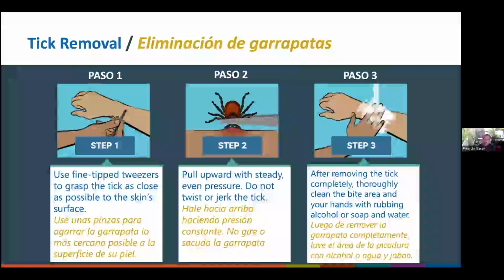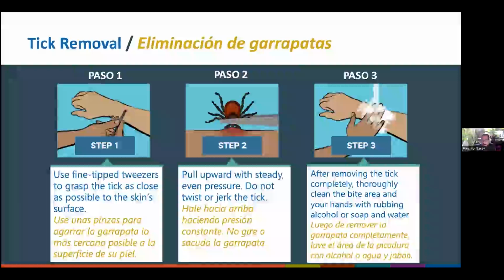Do not twist or jerk, because sometimes we do it with the fine tip tweezers and then we twist or jerk it, and that's not what we should do. We need to pull straight upward in a steady, even manner, so we remove it as intact as we can.